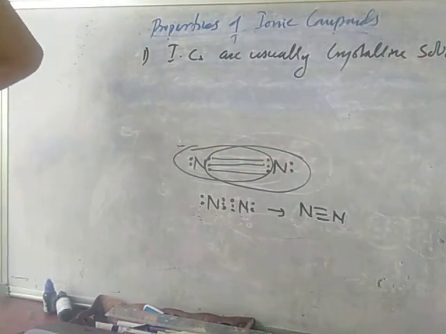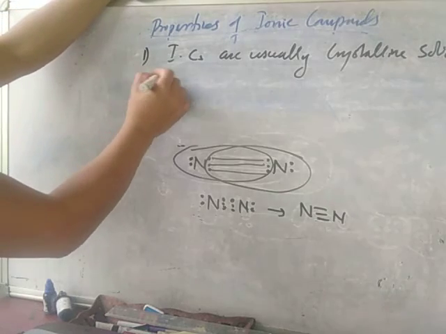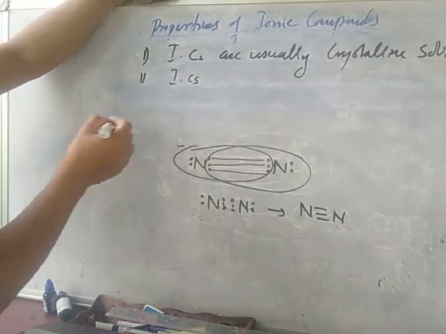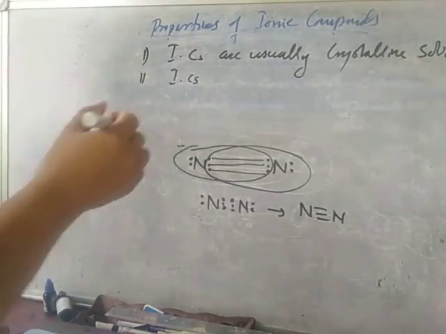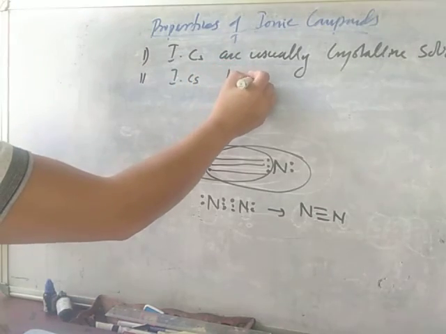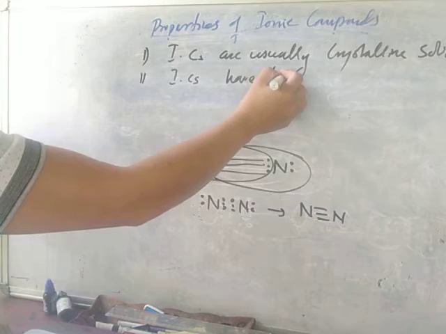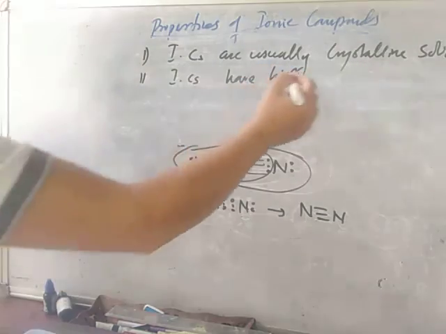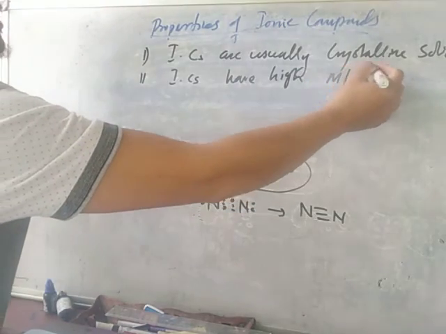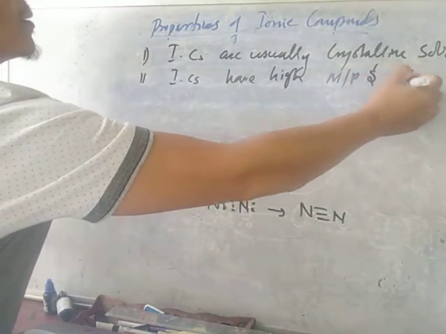Clear? So next, ionic compounds have high melting point and boiling point.